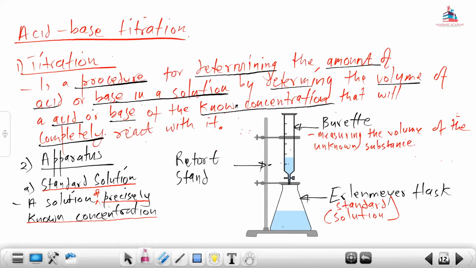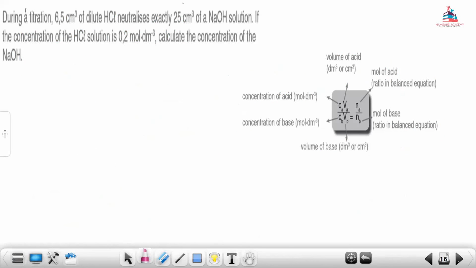So somehow we need to have a form of a calculation that will assist. So there needs to be an equation that I can use. This is the equation here.